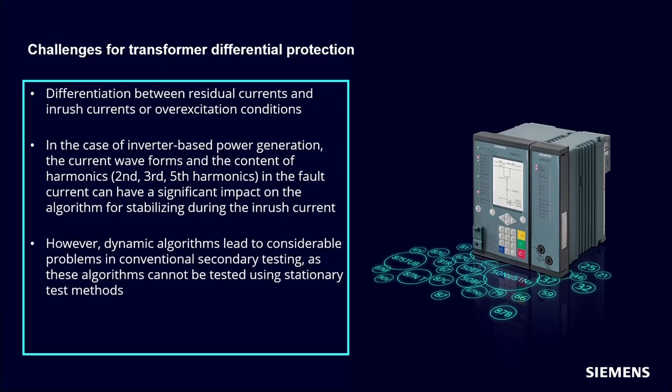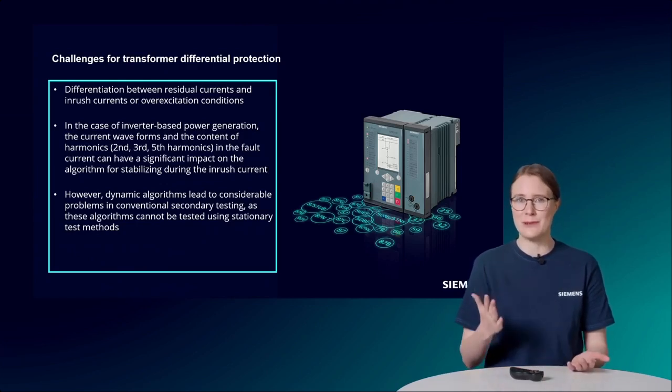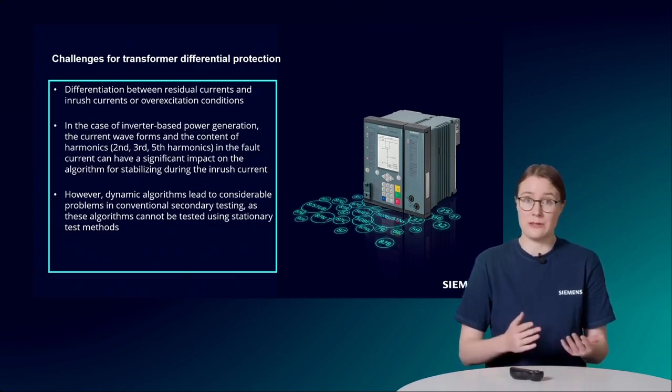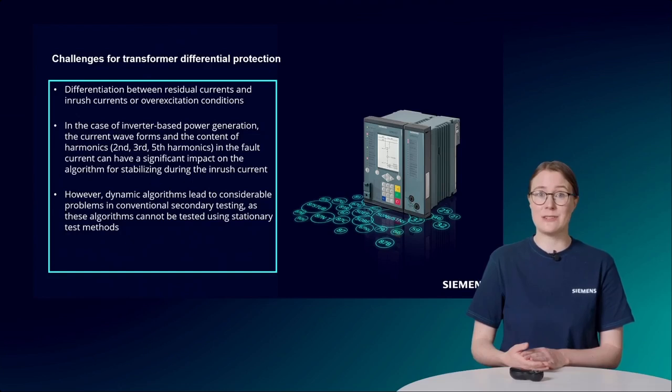However, dynamic algorithms lead to considerable problems in conventional secondary testing. With conventional secondary testing, I mean that you use, for example, Omicron QuickCMC or the state sequencer, where you define pre-fault conditions and fault conditions on your own and independent of the given network topology. Of course, you can still use this procedure to test the threshold values or operation times.